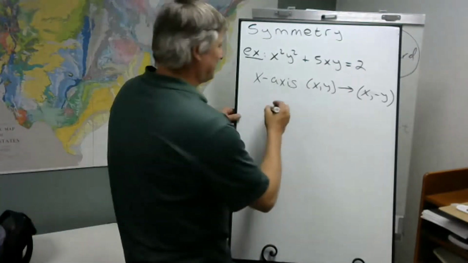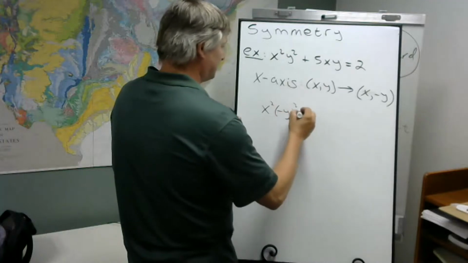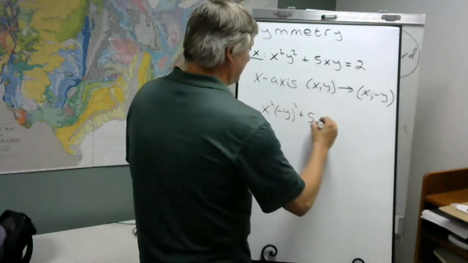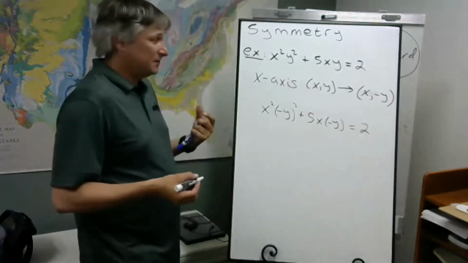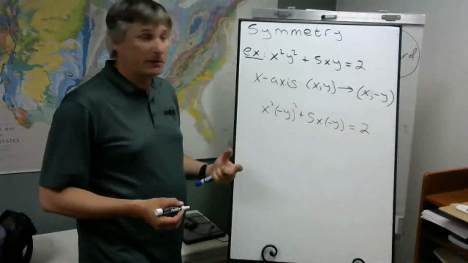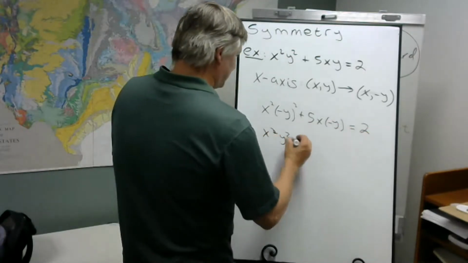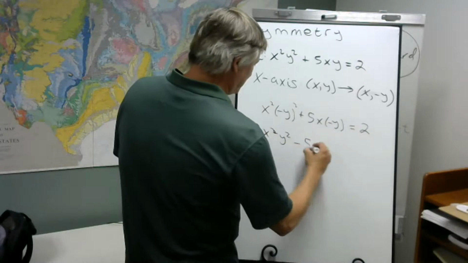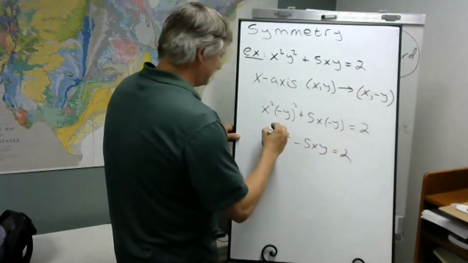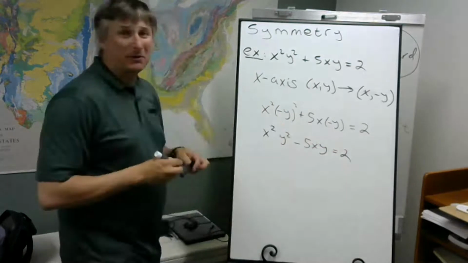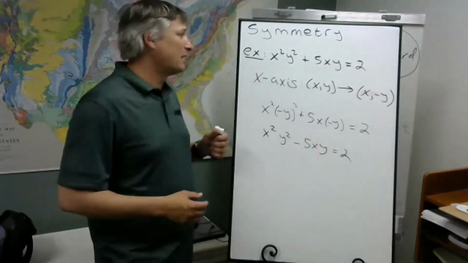Well, let's see. x squared, negative y squared, plus 5x times negative y. Let's simplify this, see if we get the same equation we started with. x squared y squared, and again, we're going to get minus 5xy is equal to 2. This is not what we started with. So we don't have symmetry across the x-axis.